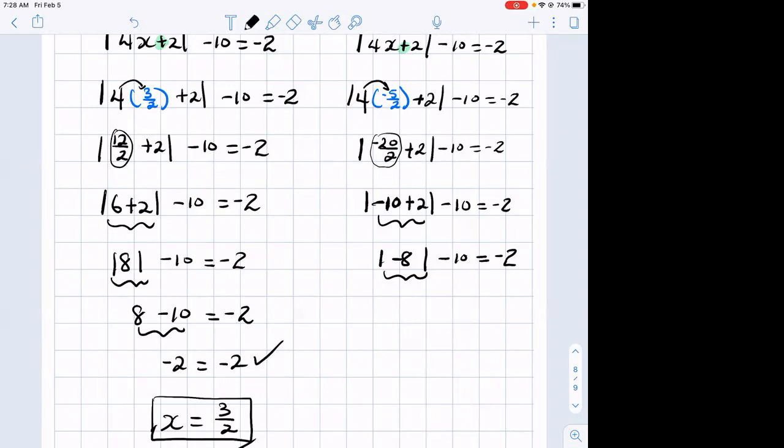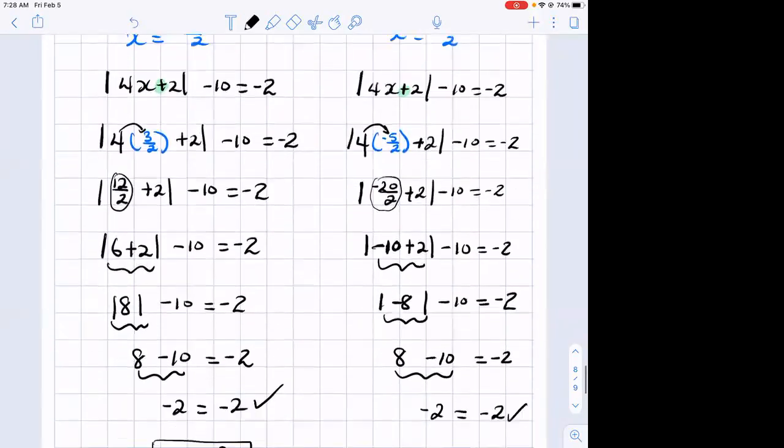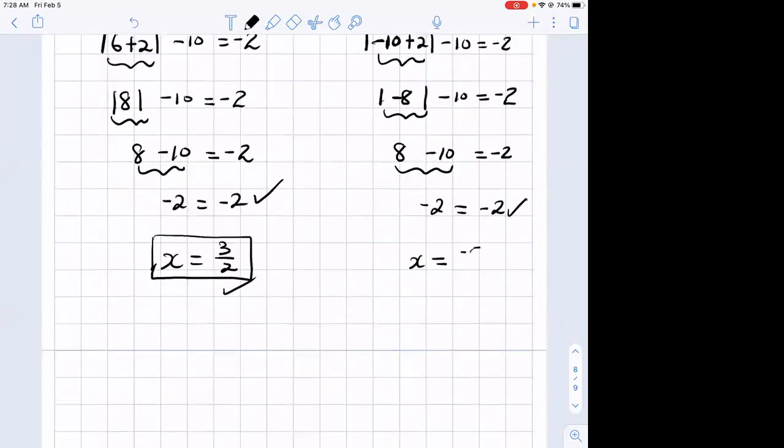The absolute value of minus 8 is 8, and 8 minus 10 is minus 2, and minus 2 is equal to minus 2. So x equals minus 5/2 is also a solution for this problem.